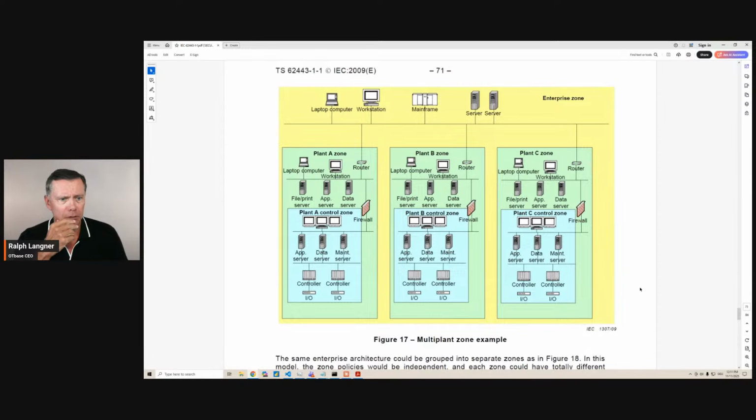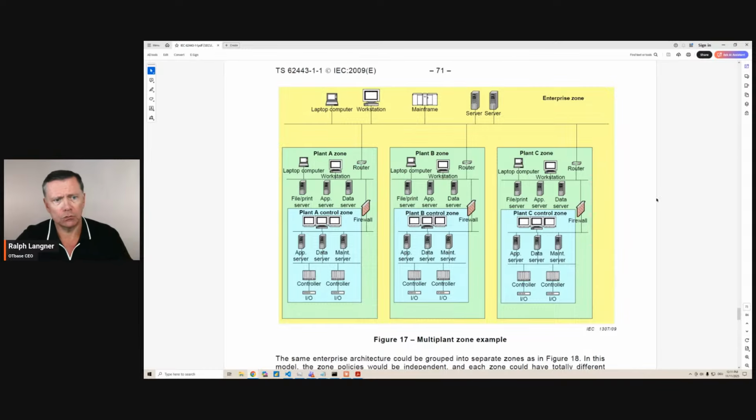And why do I point this out? Because if you want to really get an idea of the capabilities of a certain model or concept, like the zoning concept in this case, try to apply it to a real-world scenario where you have, let's just say, 20 machine lines with all the additional infrastructure, and see how that looks. Does it still make sense? And that is something that unfortunately they did not do.